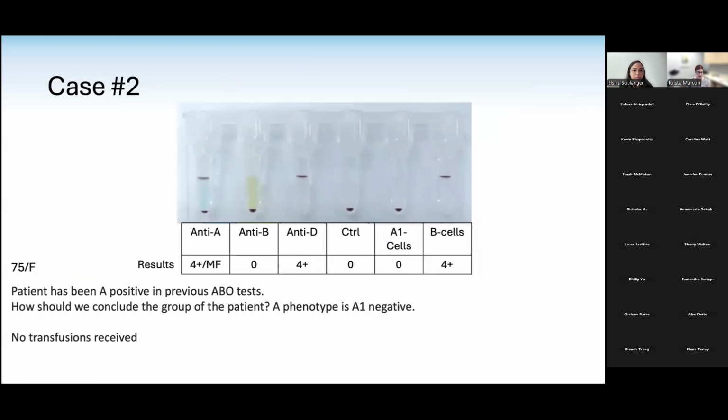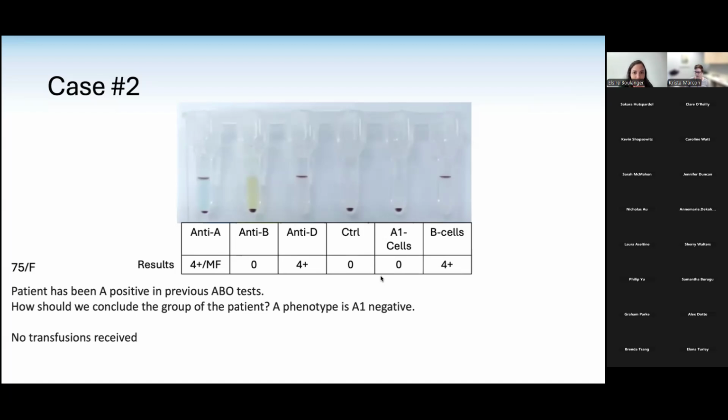The A phenotype is A1 negative. And this patient has never received blood transfusions. And we can launch the poll. What can we say?